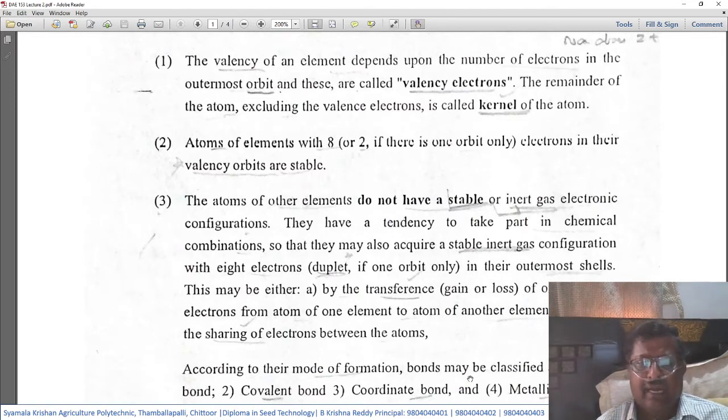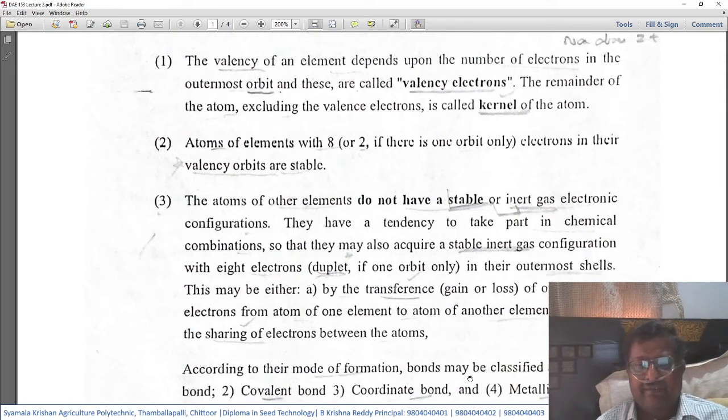For the atom of an element which receives the electrons, it is a gain, and for the atom of an element which transfers the electrons, it is a loss. So this type of gain or loss of one or more electrons from the atom of one element to the atom of another element is one way unstable elements get stabilized, by transference of electrons.